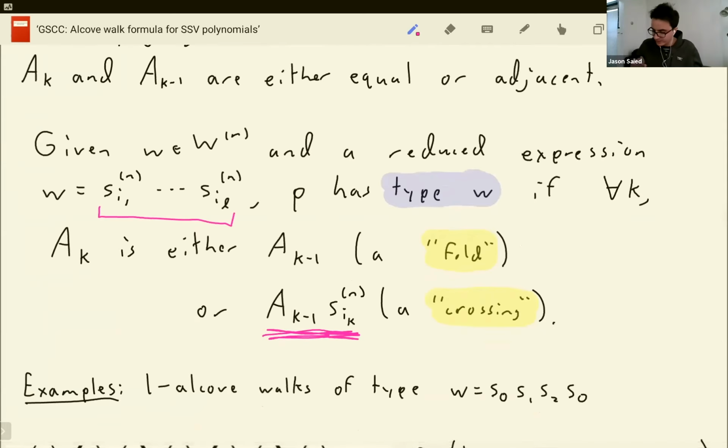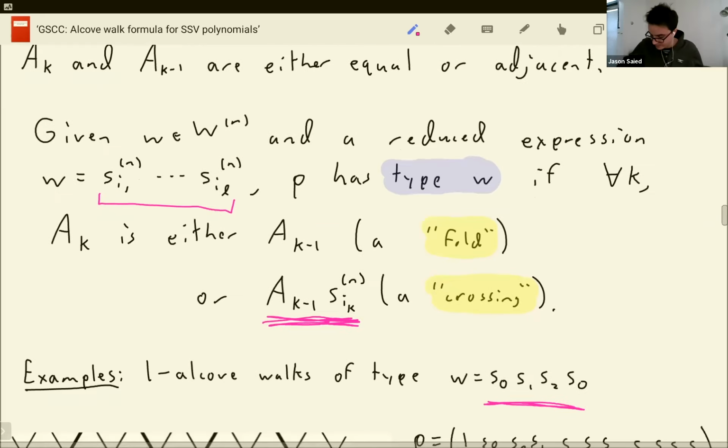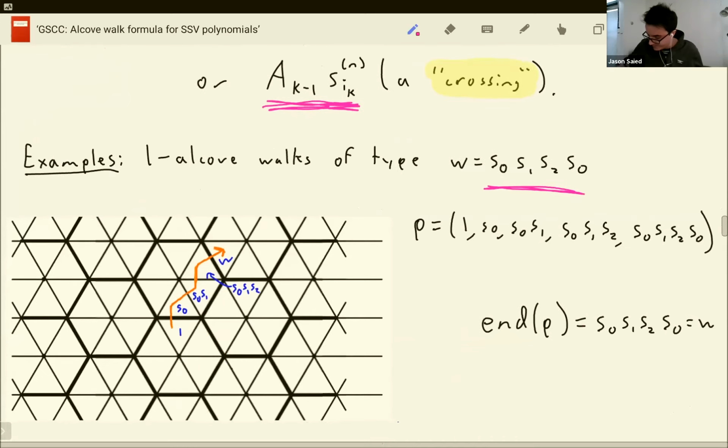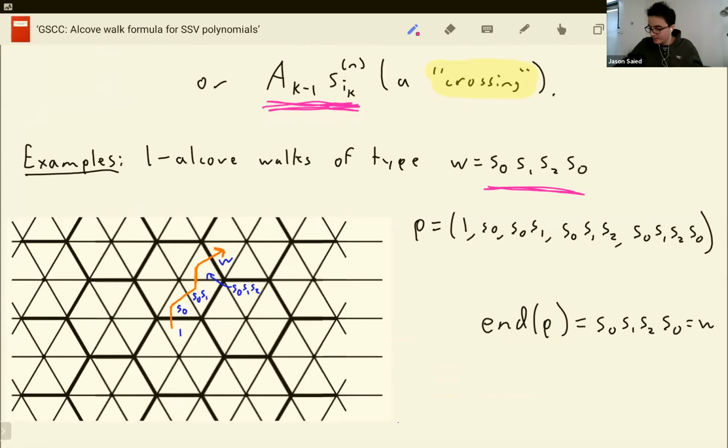Let's look at one alcove walk of type corresponding to this Weyl group element, S0, S1, S2, S0. So what I could do is in each step, I could choose to do a crossing. So I start at the identity, I start at 1, and then I do S0 on the right. And that brings me from here to here.